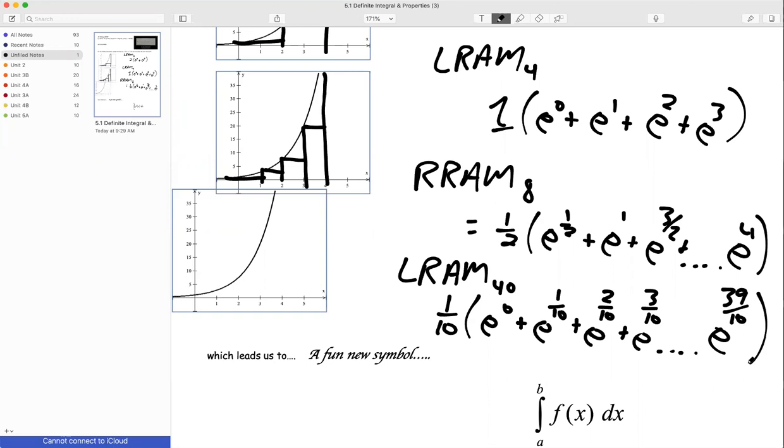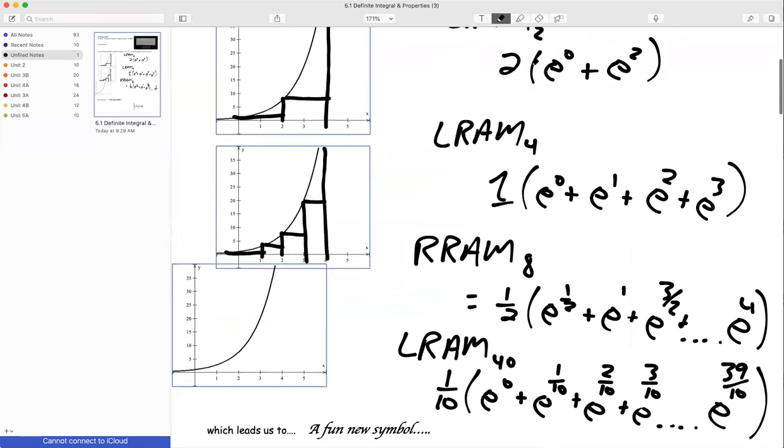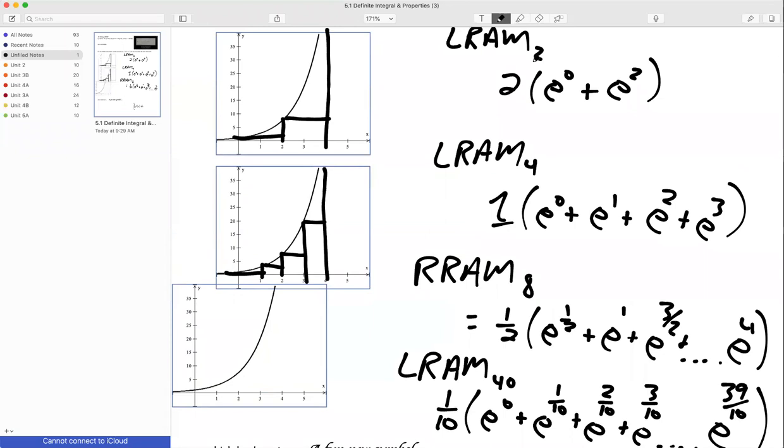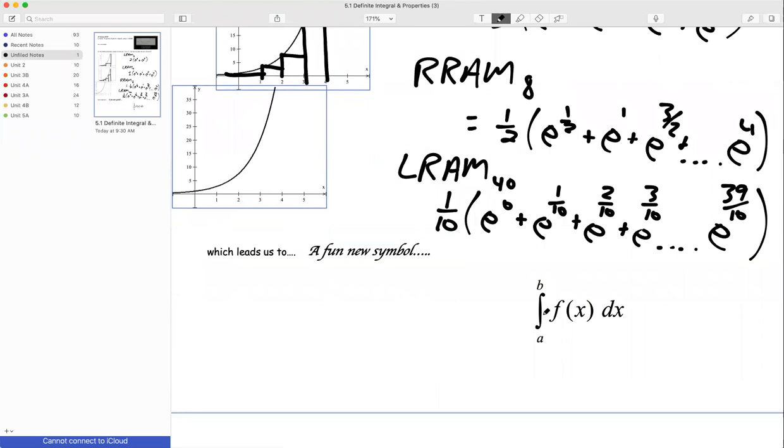All right. Well, the reason I did that, I'm progressing here. I'm increasing my number of rectangles, and when I do that, I get a better estimation, right? I got 2 and 4 and then 8 and then 40. Well, that leads us to this. What if we have an infinite number of rectangles?